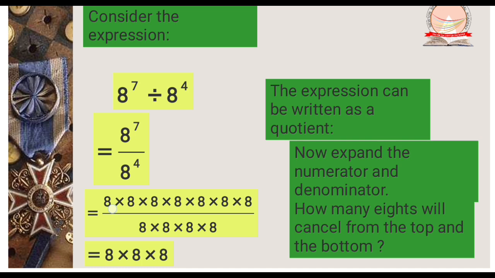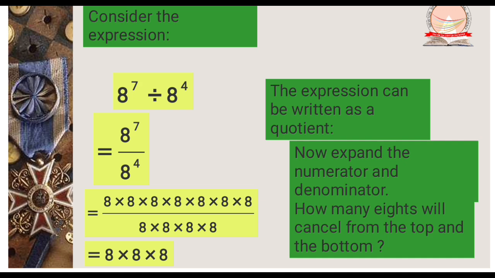So how many 8 do we cancel from the top and the bottom? Since 8 is raised to the power of 7, we are having 8 times 8 times 8 times 8 times 8 times 8 times 8 in 7 places, divided by 8 times 8 times 8 times 8 in 4 places.